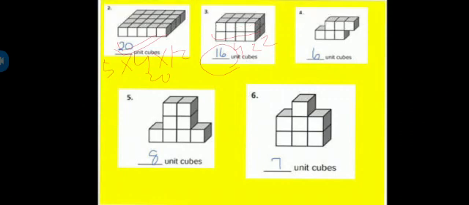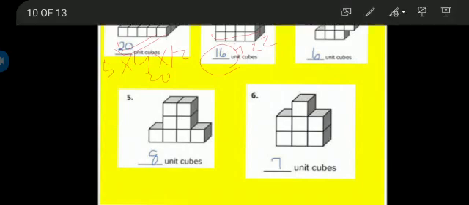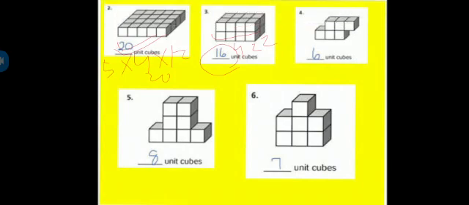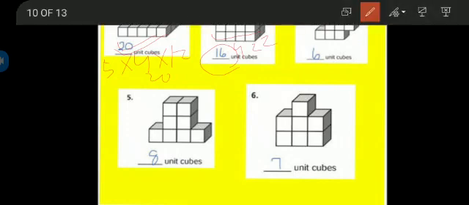Another worksheet figure you see. This is an irregular shaped figure. The total number of cubes you see: 1 2 3, and another one, 1 2 3. 3 plus 3 is equal to 6 unit cubes.